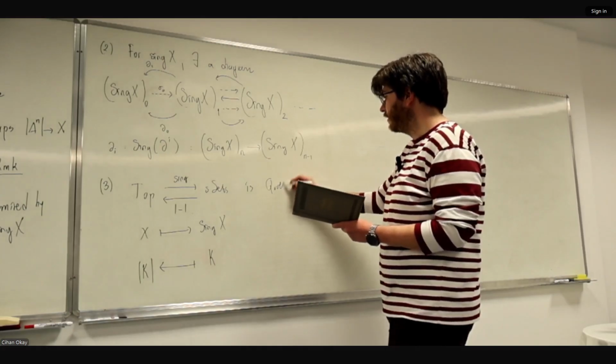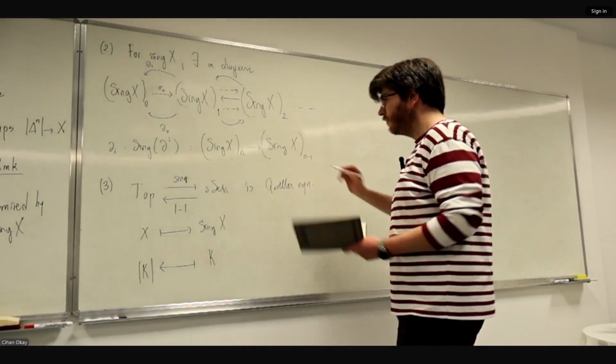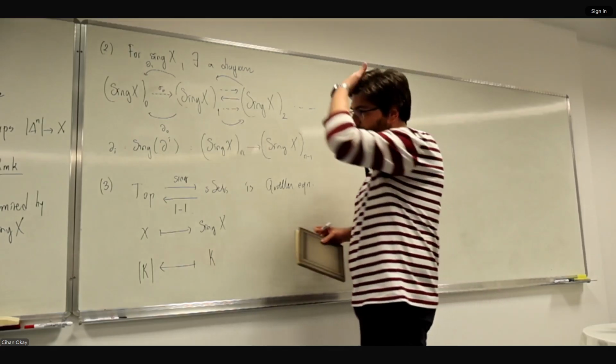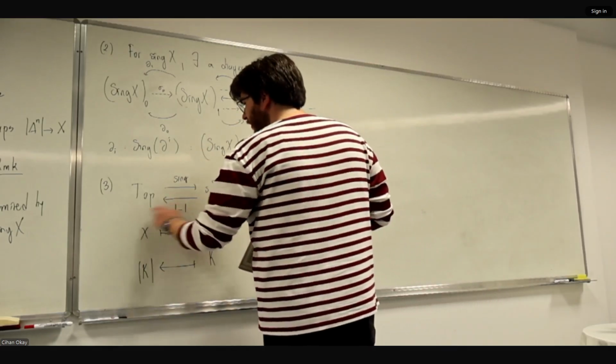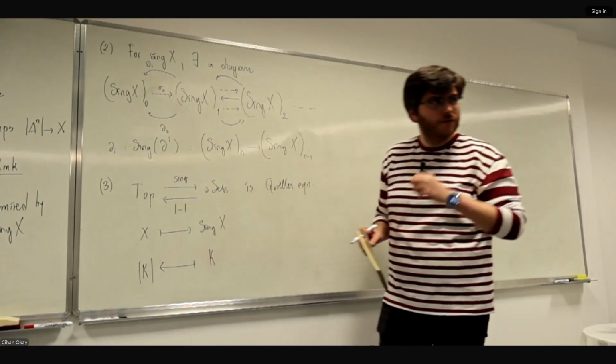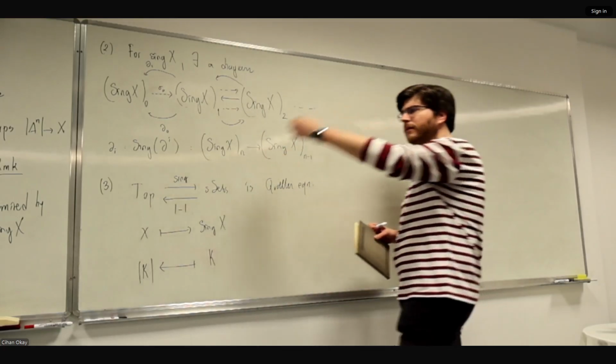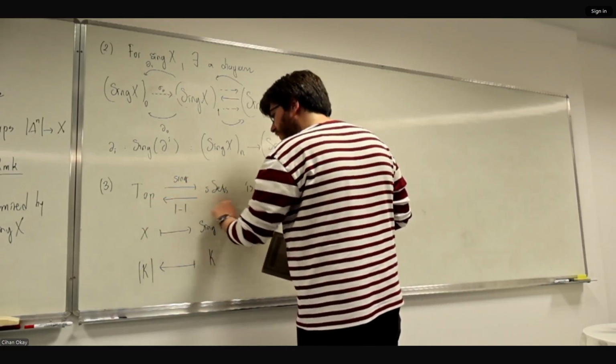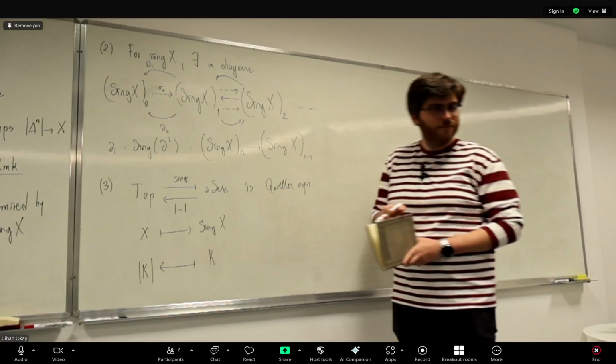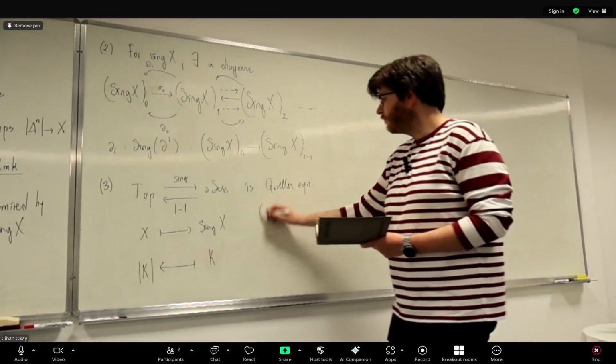This is what we call a Quillen equivalence. It means that if you look at the homotopy category of these things, they are the same. So if you want to study the homotopy type of a topological space, you can study simplicial sets.